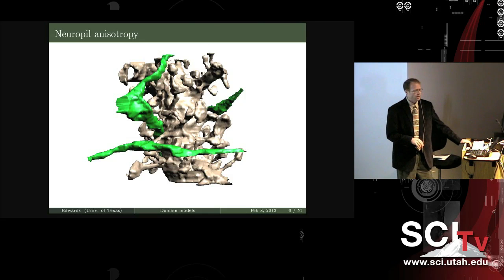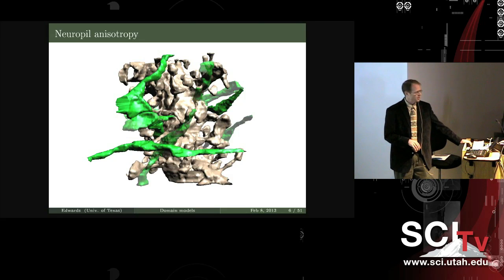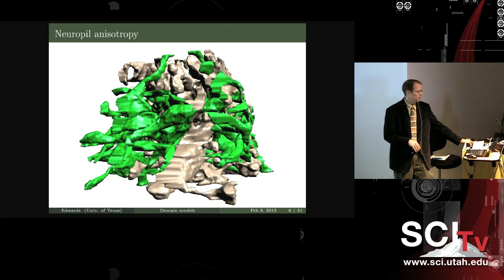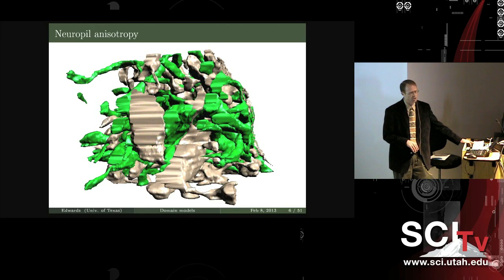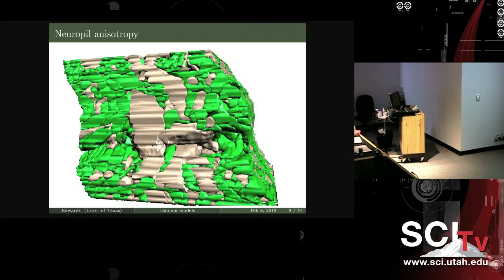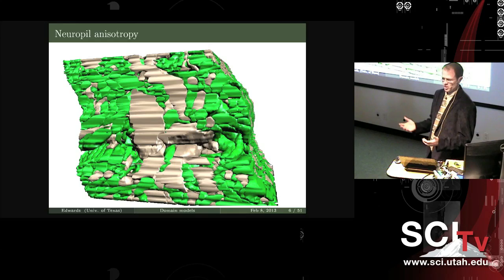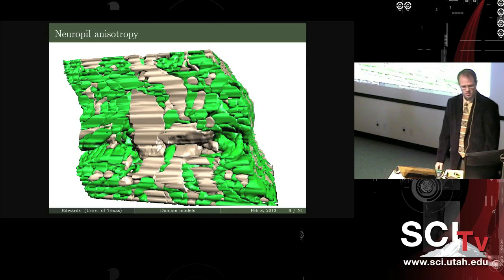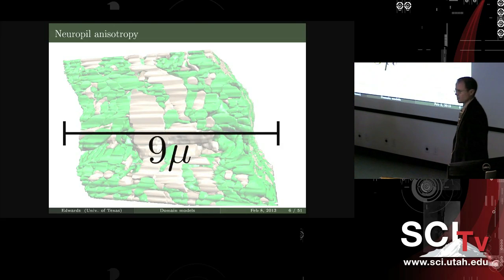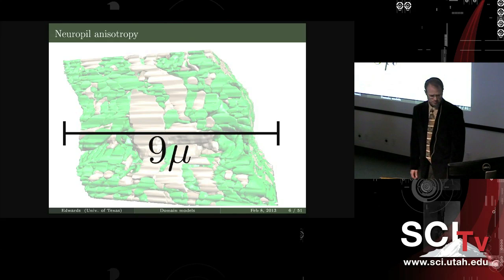But as we add in various components, various objects, here the axons are in green, dendrites are in off-white, you see that not only are they interesting geometrically, but their relationship to each other is interesting. They're very tightly packed. As my advisor is wont to say, nature abhors waste, and it doesn't want to waste any space, especially in the brain. So this particular data set is 9 microns cubed.